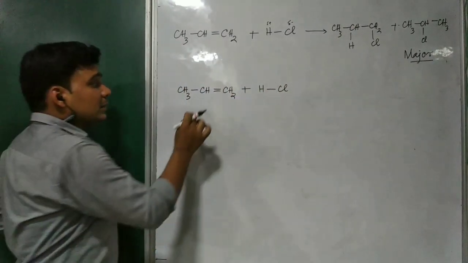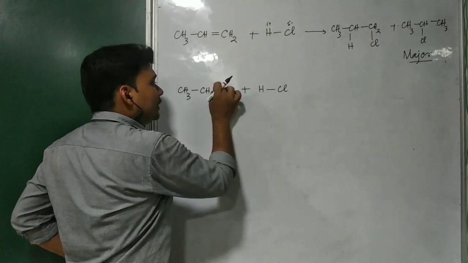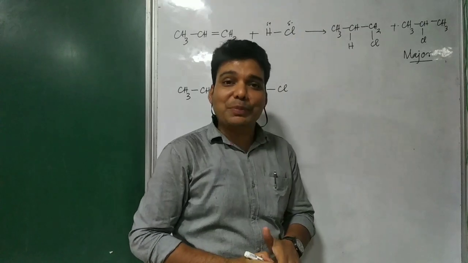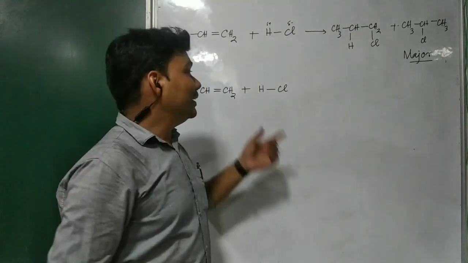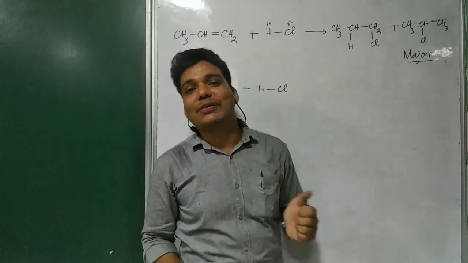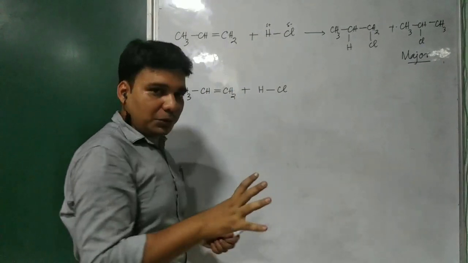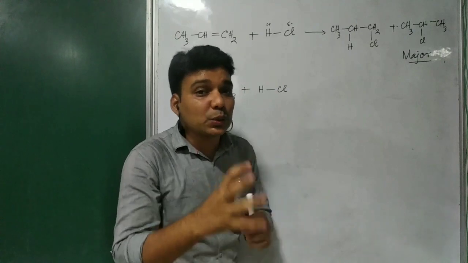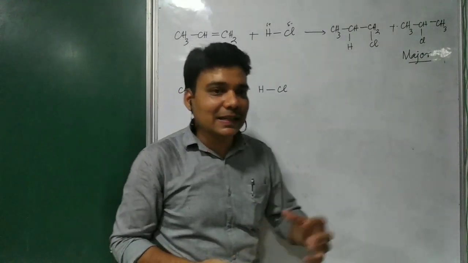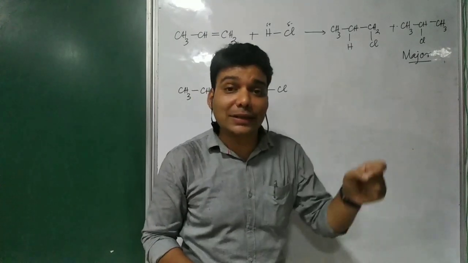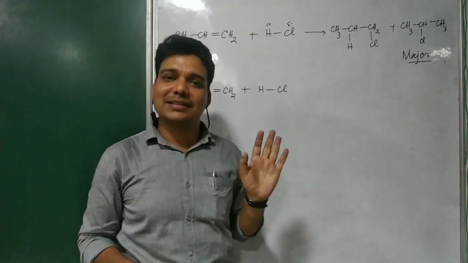This carbon-carbon double bond contains a pi electron cloud, and due to the presence of this pi electron cloud, it acts as a source of electrons, and it generally interacts fast with electrophilic species, the electron-deficient species.